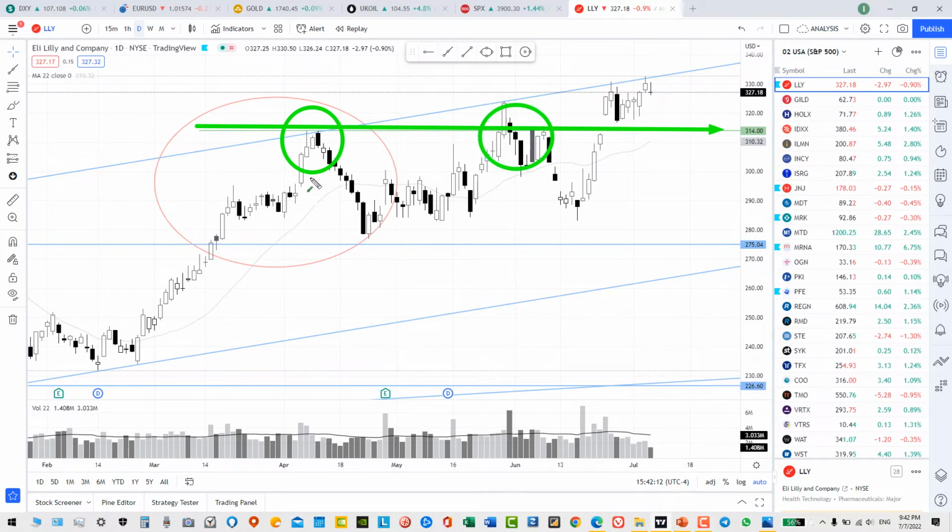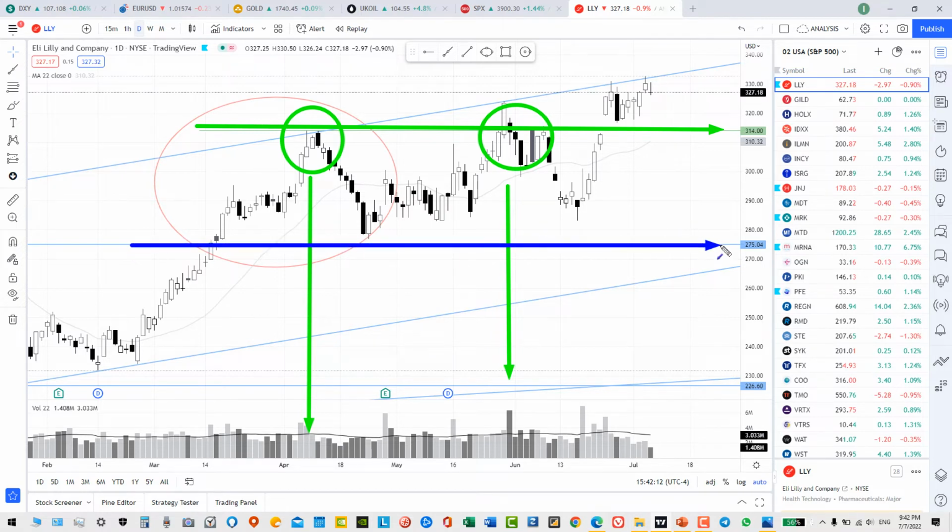Once in April, the second was early June or late May, and we can see the horizontal support that we have just been talking about from the weekly chart at 275. It managed to support the stock very well, and sometimes it recovers a little bit earlier from this support.